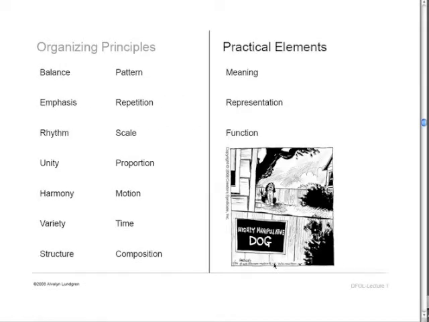Then we have organizing principles, and I won't go into these in detail at this point because we will attack them in a big way as we go. But just to introduce you to the words: balance, pattern, emphasis, rhythm, scale, repetition, motion, time, harmony and variety, the idea of unity, structure versus composition, and the relationship between the two.